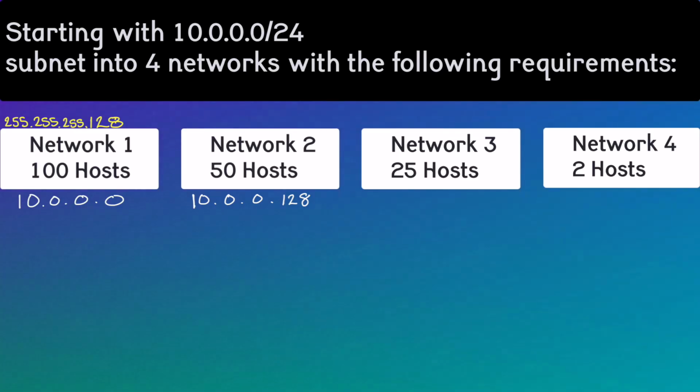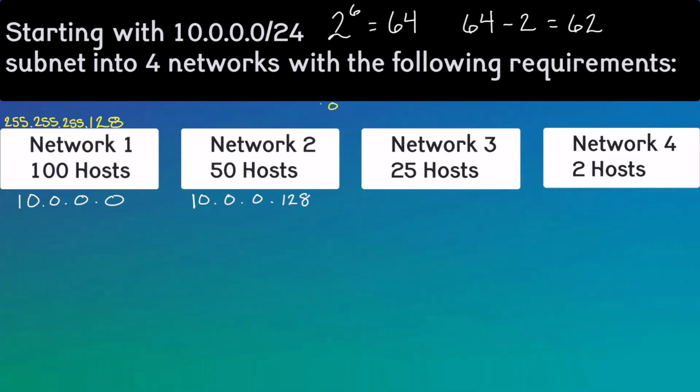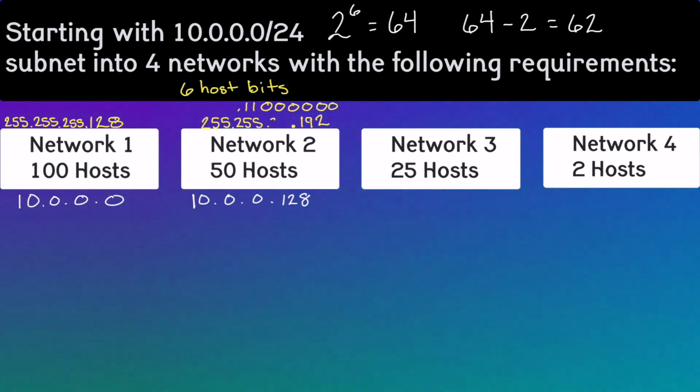All right, now we're just going to move on to subnet 2 here. Subnet 2 requires 50 hosts. 2 to the power of 6 equals 64. 64 minus 2 equals 62, which meets our 50 hosts requirement. The 6 in this formula lets us know that we need 6 host bits. So we need 1, 2, 3, 4, 5, 6 host bits, which leaves us with 2 network bits. If we convert our 2 network bits into a decimal value, that is 192. So our subnet mask is 255.255.255.192.